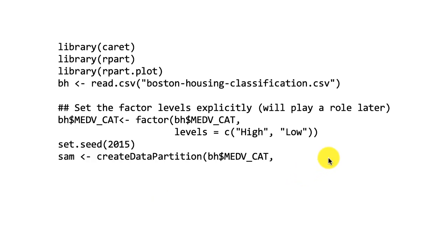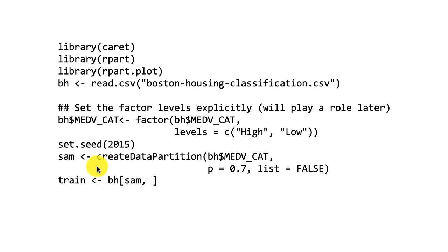Okay, so now we do the usual creation of partitions. So createDataPartition, and we already know that in order to create a data partition using this particular function, we need to supply the target attribute and of course what proportion we want to pick. And we say list equals false because we want the result to come out not in the form of a list, but in the form of a vector or a matrix.